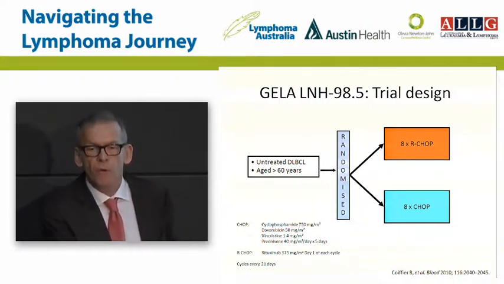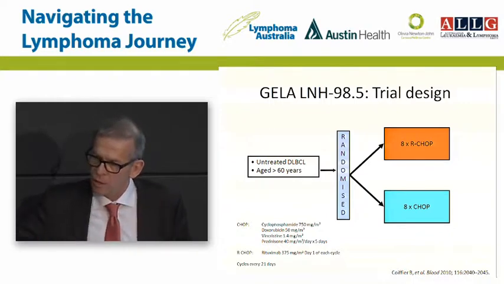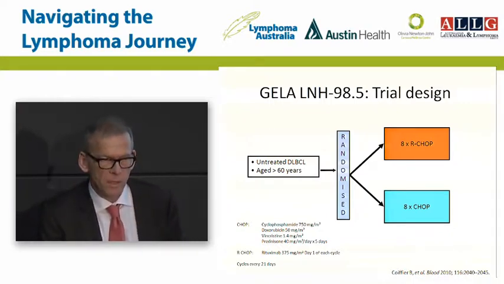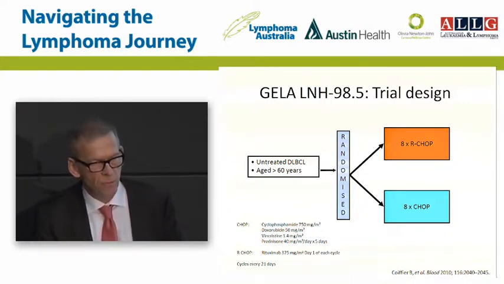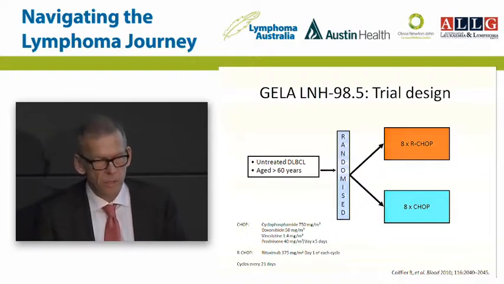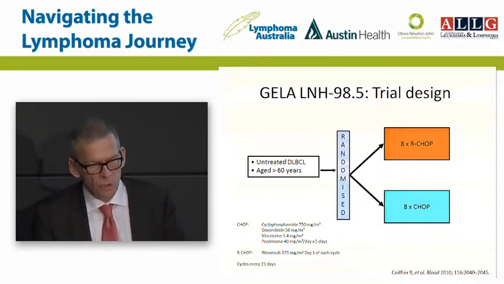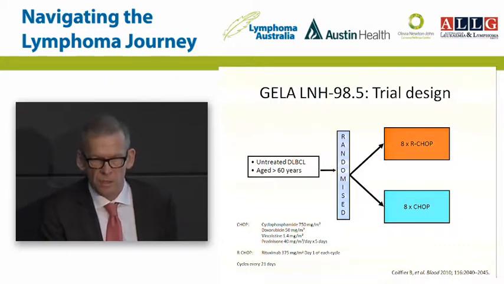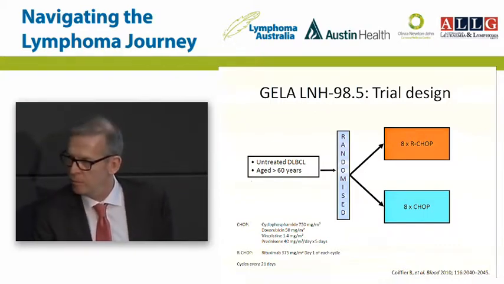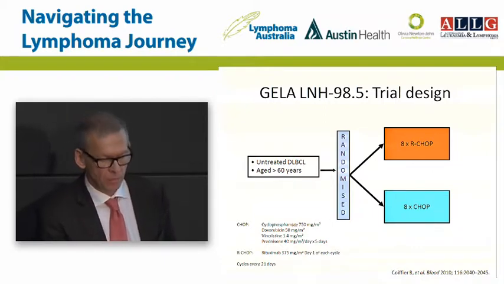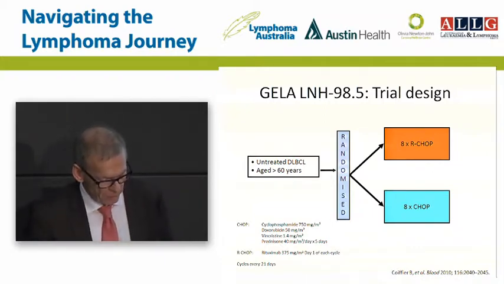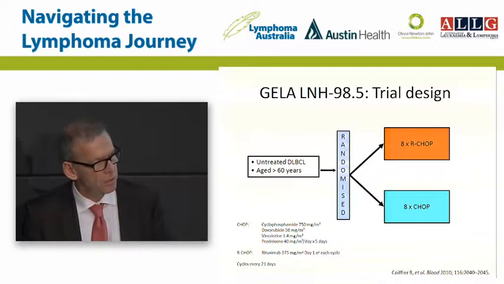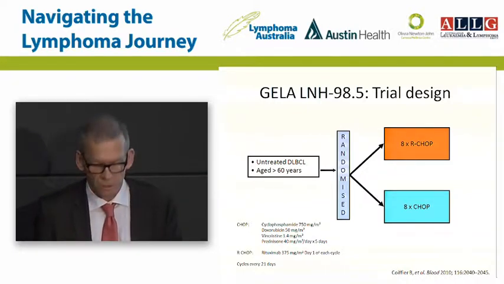This was a first line, so not a relapse setting, but first line patients with aggressive lymphoma, freshly diagnosed, and they had the choice of this old standard, that is CHOP alone, this chemotherapy, or CHOP plus this new antibody. That was the treatment, and this was done in younger patients, younger than 60 years.